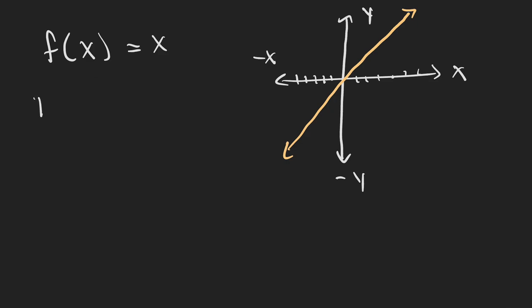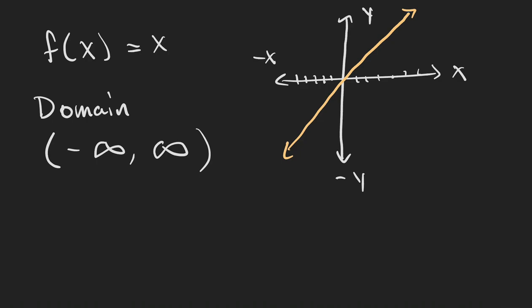So the domain is going to span every single real number, and a lot of the time you'll see this notation where we'll have domain or D, and then we'll have parentheses, negative infinity, comma, infinity. And all this is telling us is the x goes all the way from negative infinity to positive infinity.